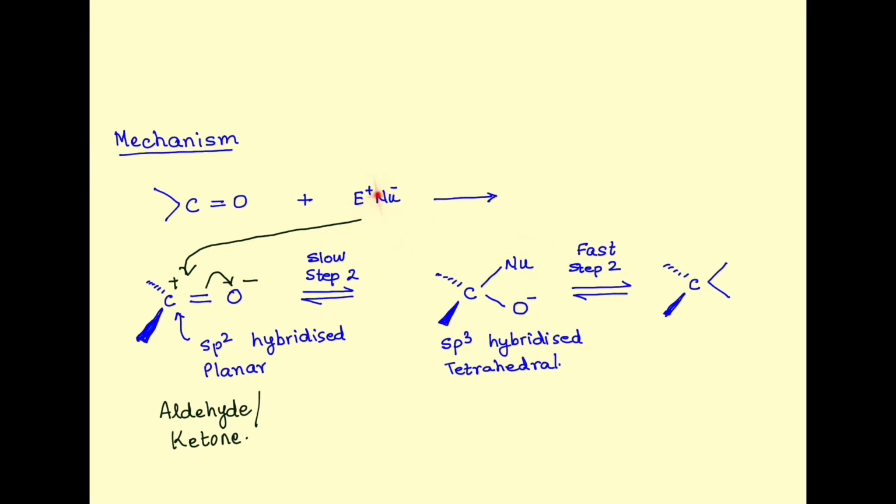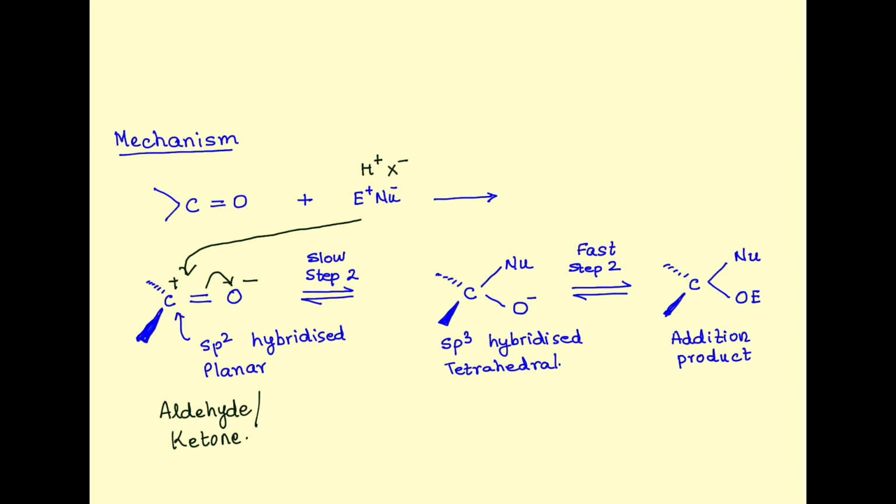That means the positive part of the reagent. So what do we have over here? We had the nucleophile already attached, and the electrophile comes and attaches itself to O negative. With the result, we have our final addition product. Now, if you are getting confused with E positive and Nu negative, to simplify things, you can also write it as H positive and X negative.